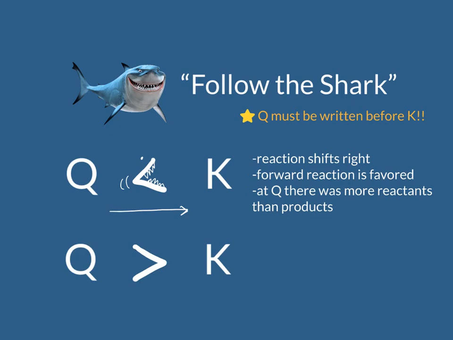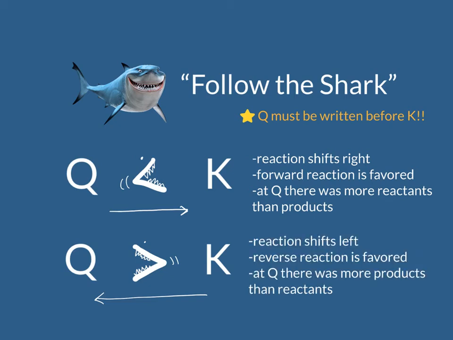We can employ the same strategy when Q is greater than K. Again, make our shark, our eyes, our teeth, our gills, and in this case, our shark is chomping from right to left, so our reaction is going to shift to the left, meaning that the reverse reaction is favored, and at the time Q was calculated, there were more products than reactants.